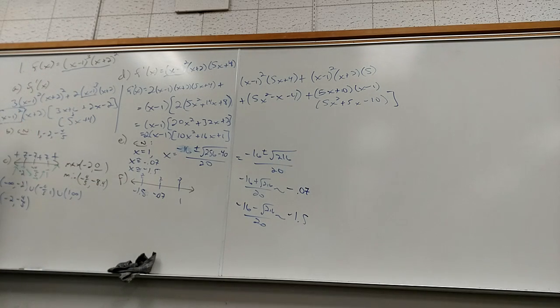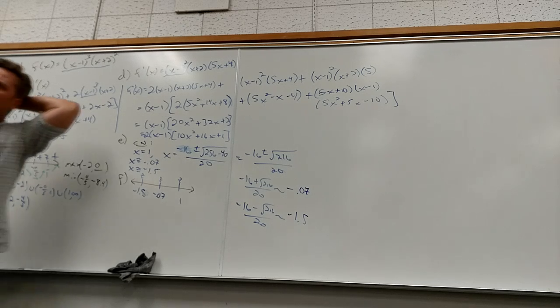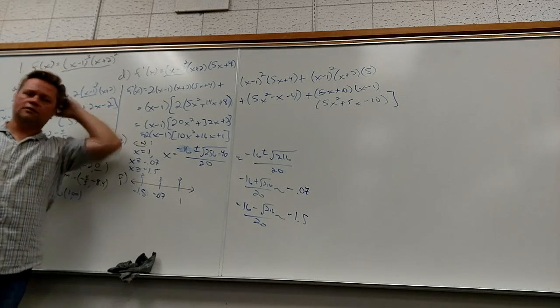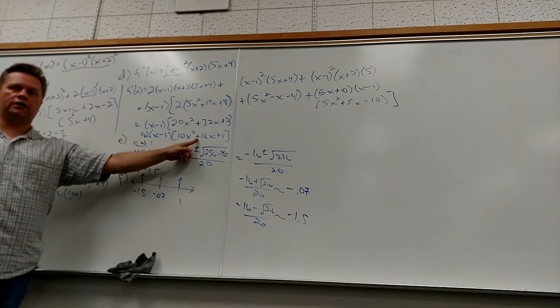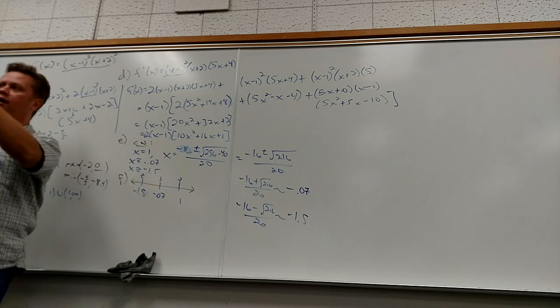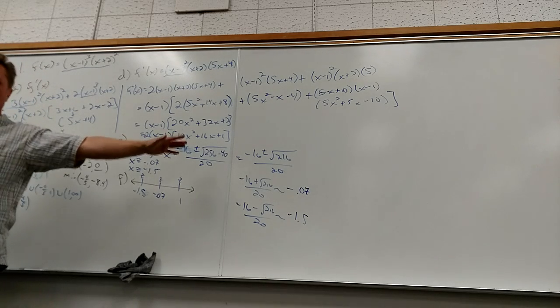Can somebody tell me what their each multiplicity is? This is multiplicity 1. This we broke in half, so they would each be multiplicity 1. So everybody's got odd multiplicity. Sign's going to change everywhere.